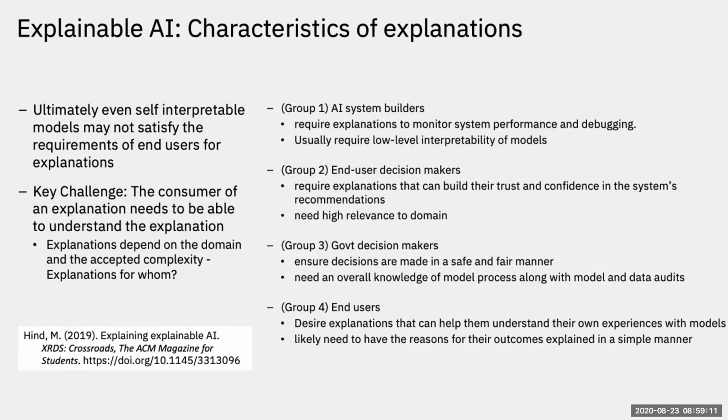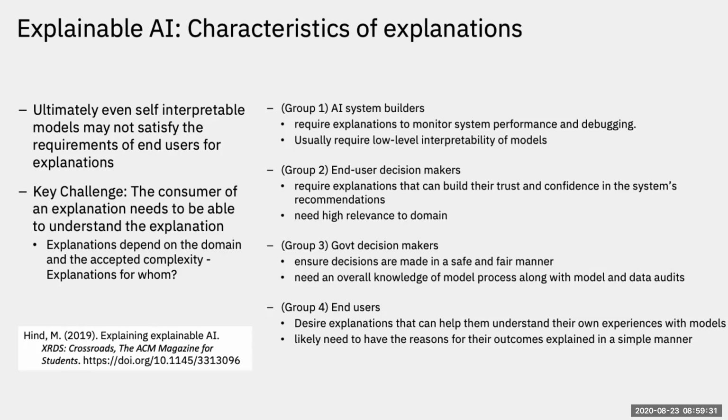Whereas the AI system builders usually require explanations to monitor the system performance and for debugging purposes, the end users, who for an example like a healthcare scenario could be the patients, desire explanations that can help them understand their own experiences with the model.